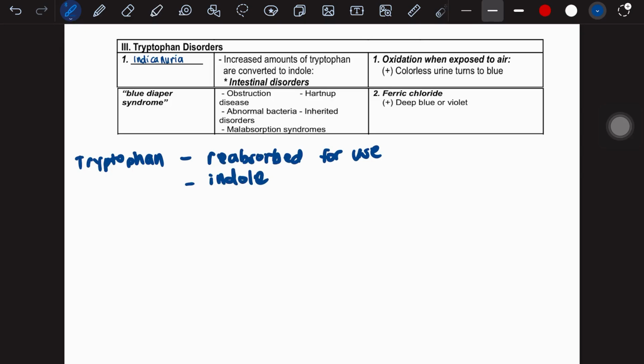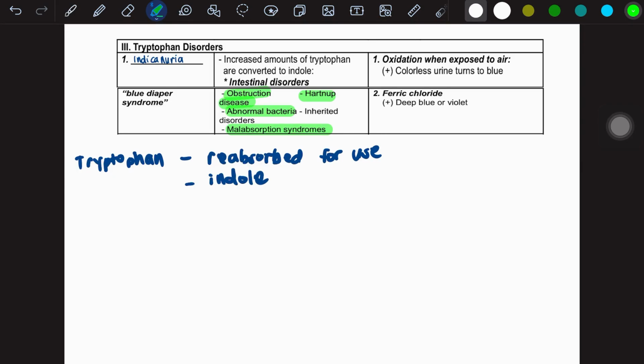However, in certain intestinal disorders, which we will see here also, including obstruction disease, presence of abnormal bacteria, malabsorption syndrome, and Hartnup disease, what will happen?